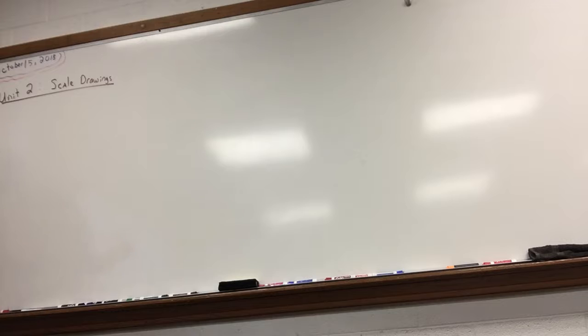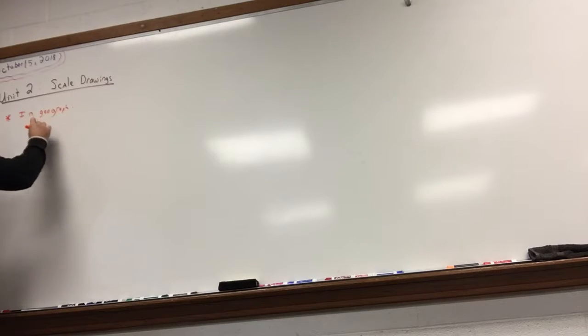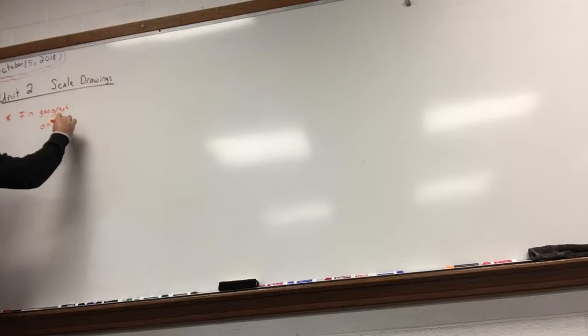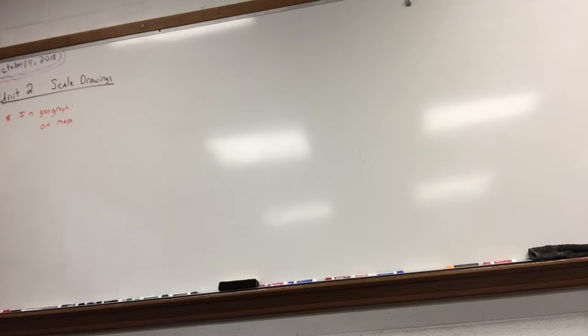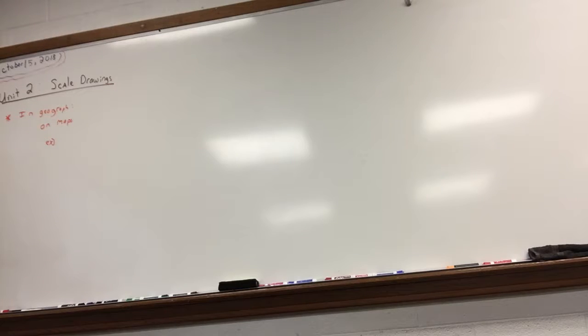Yeah. So on maps, because what I want you to do is understand why we are doing this to start. So Owen said, in geography, and then he said on maps. So let's give an example. If I opened up a map of, let's even go Missouri, is there any possible way that I can have the actual distance on this map from Kansas City to St. Louis?